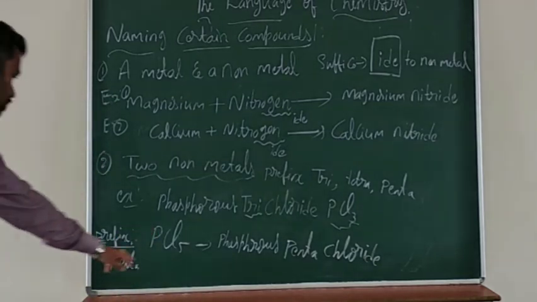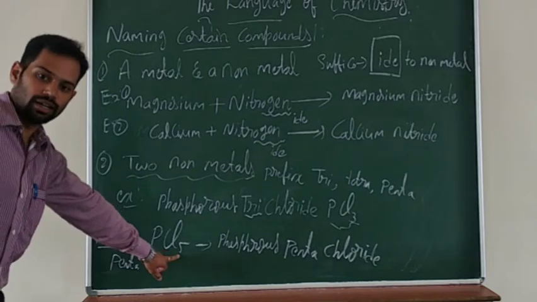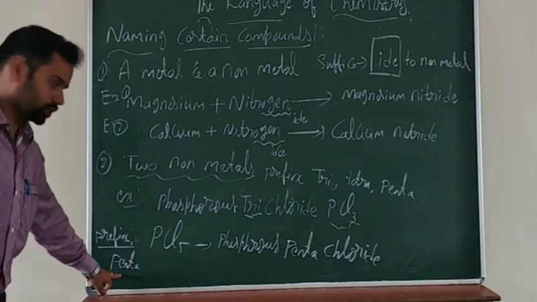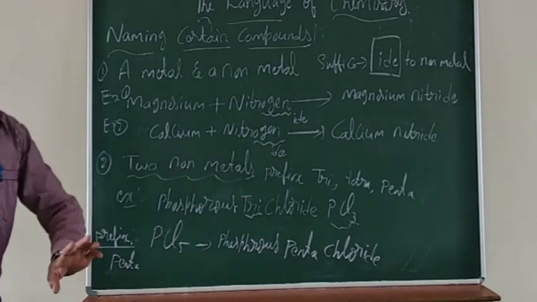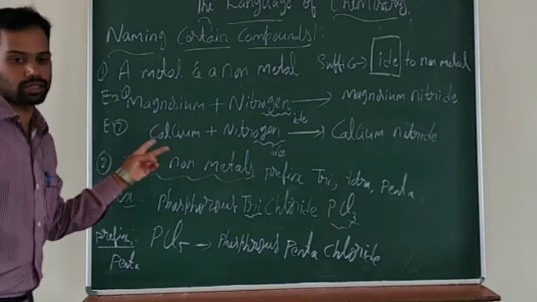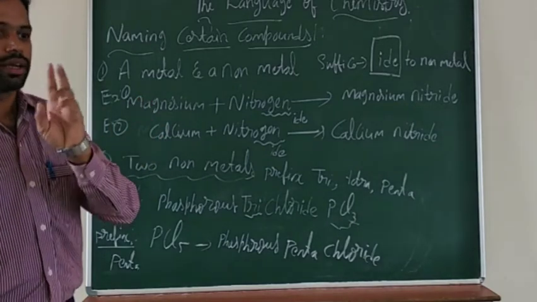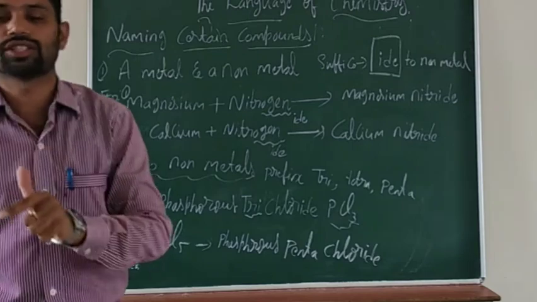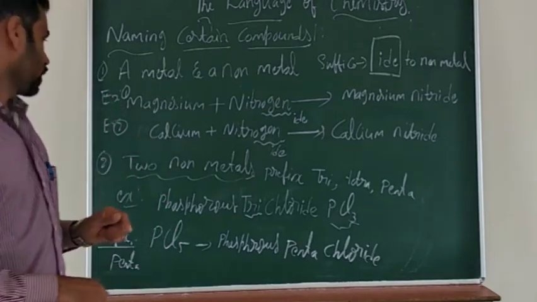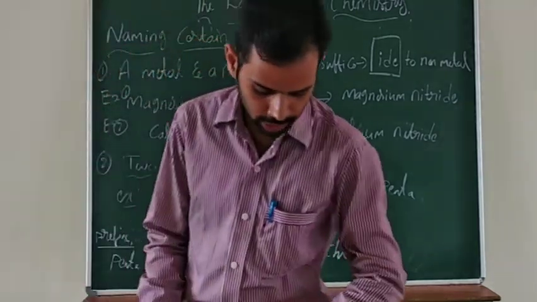Phosphorus pentachloride. When two non-metals are there, you should use prefixes like tri, tetra, penta. Okay. I think you have understood this concept. I'll move to the next.